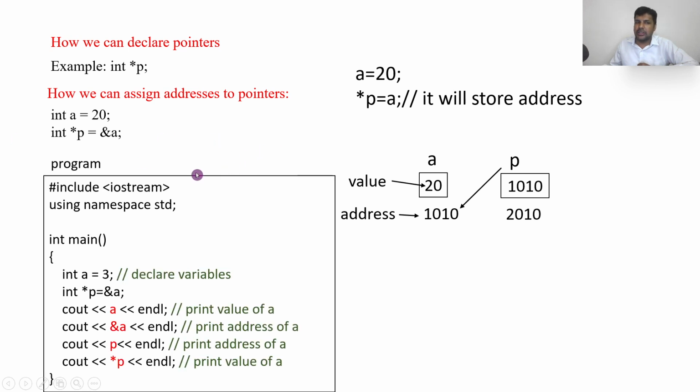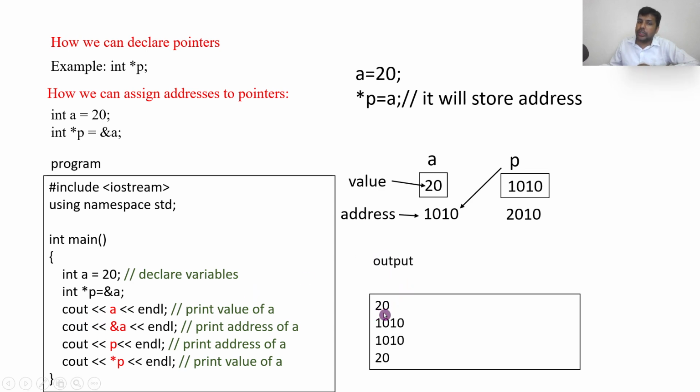Okay, for example, let us take a is equal to 20. So if I take a is equal to 20 and p is equal to &a, what happens? When I say cout a, what will it print? It will print 20, see.